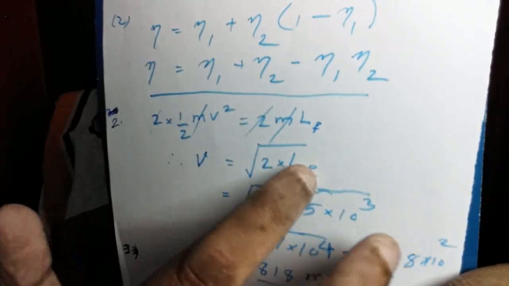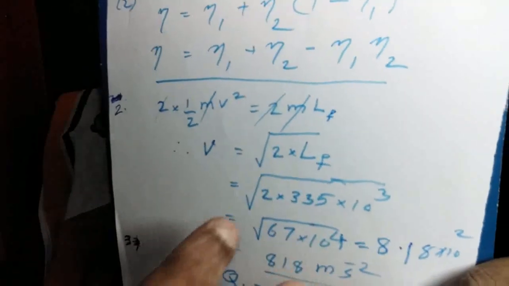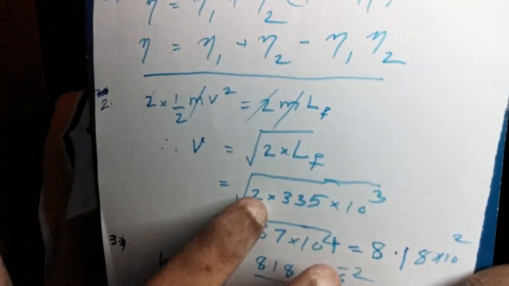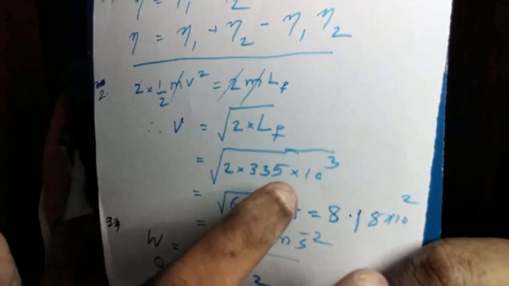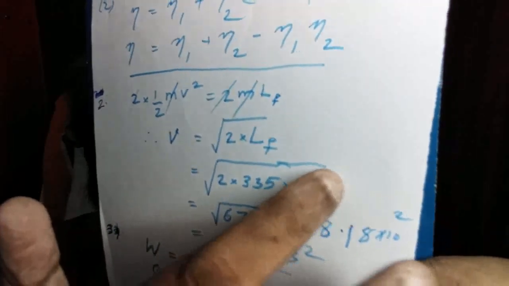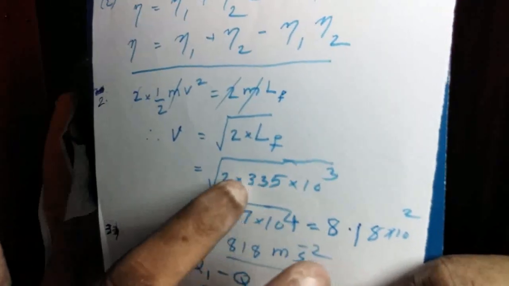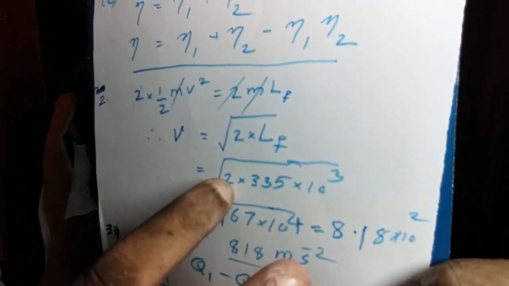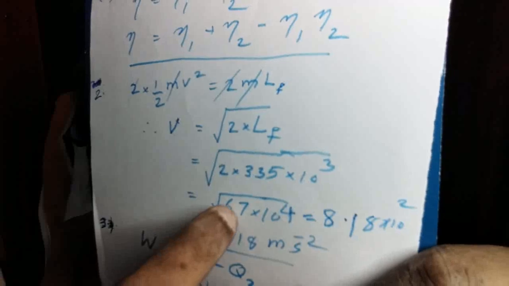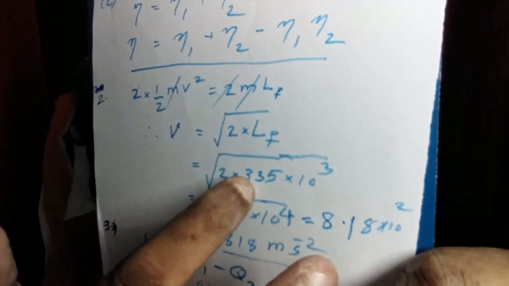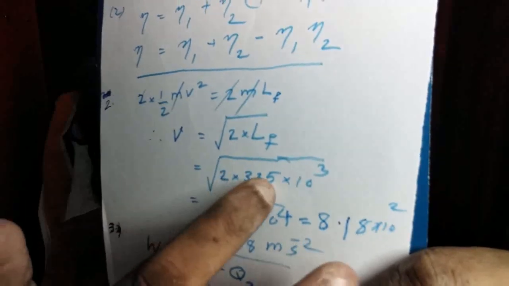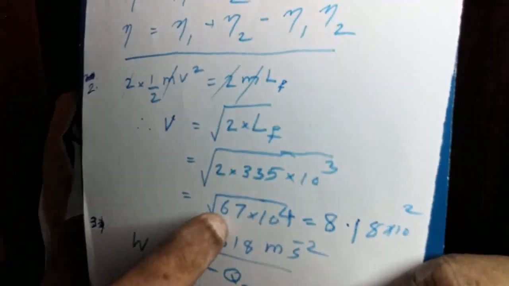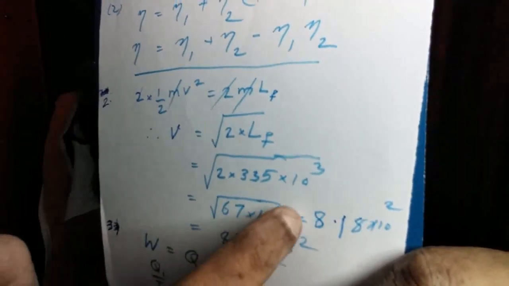LF is latent heat of fusion of ice. That is given here. So root of 2 into LF is given to be 335 into 10 raised to 3. This is 670 into 10 raised to 3, or root of 67 into 10 raised to 4.